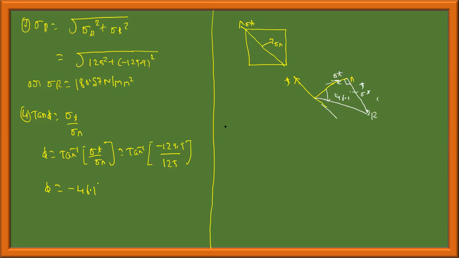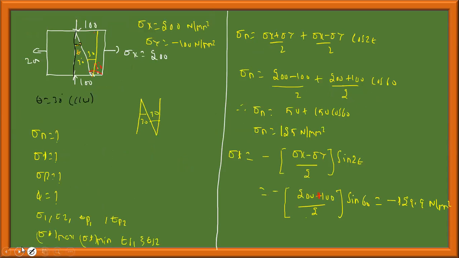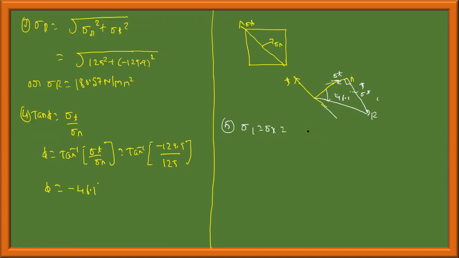Next, fifth, sigma 1 is equal to sigma x. What is the value of sigma x? Sigma x is equal to 200 MPa, sigma y is equal to minus 100 MPa. Sigma 2 is equal to sigma y, which is minus 100 MPa.